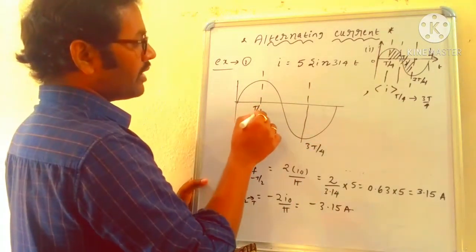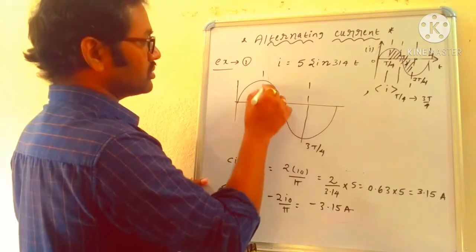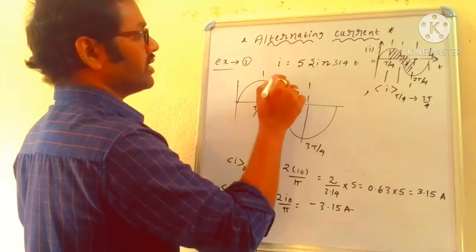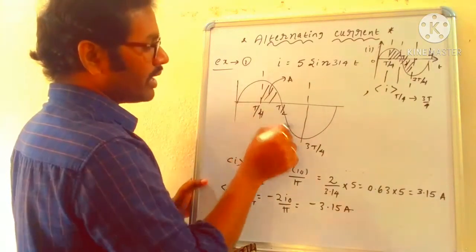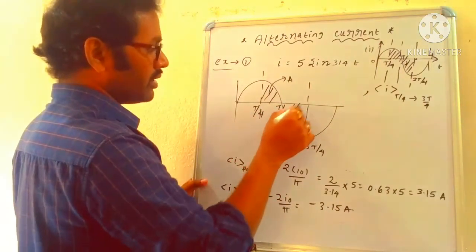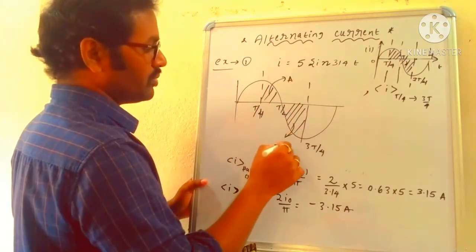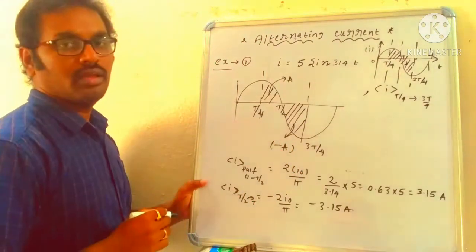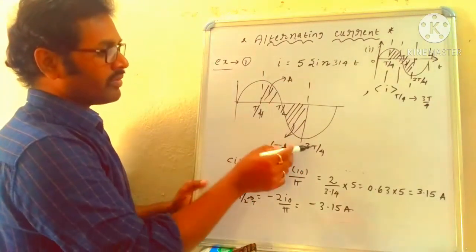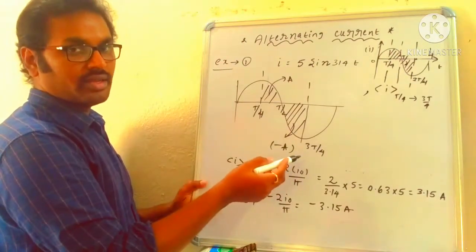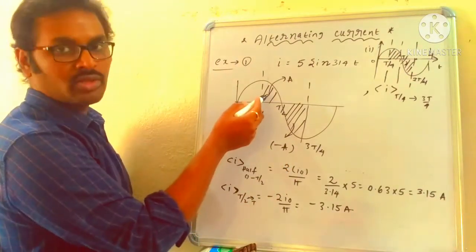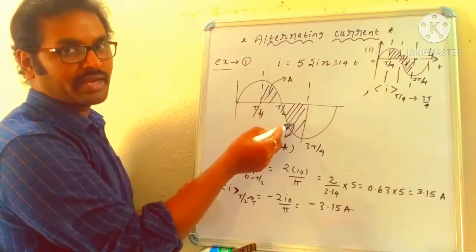From T by 4 to T by 2, the cycle is positive, and this area you can take as, suppose, A. From T by 2 to 3T by 4, this is negative area, should be taken as minus A. And for this time interval, this is also half cycle. In the half cycle, 1/4 cycle is on the positive side, 1/4 cycle is on the negative side.